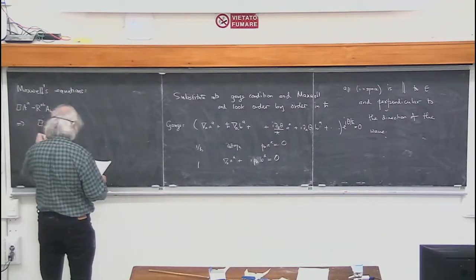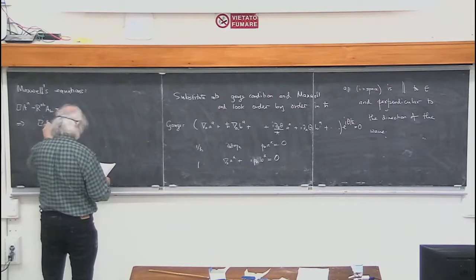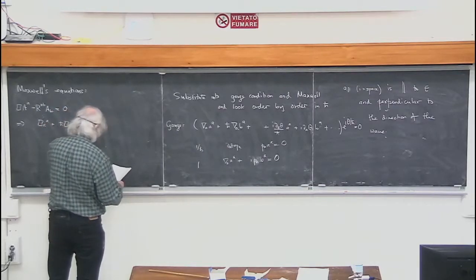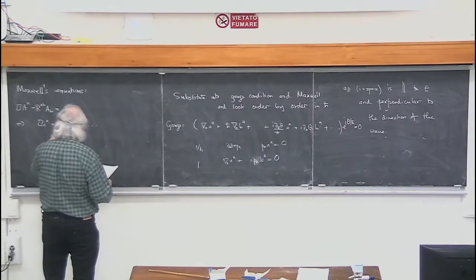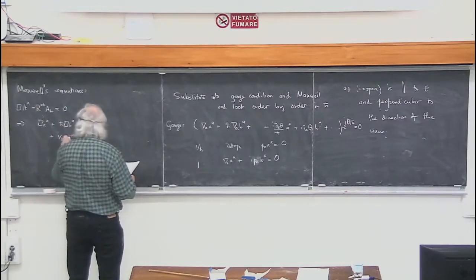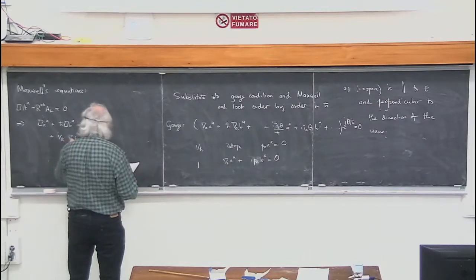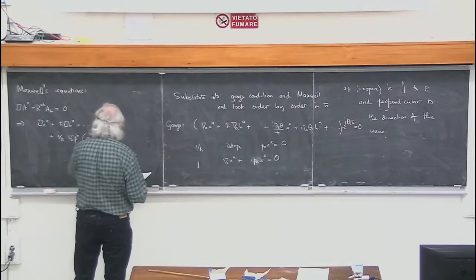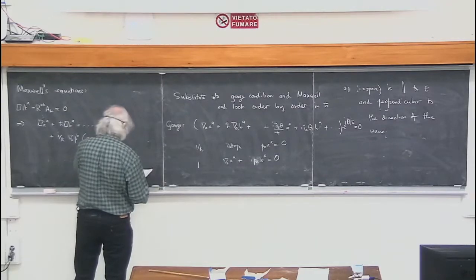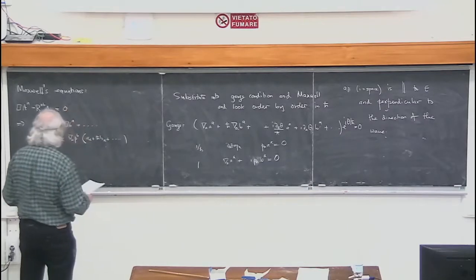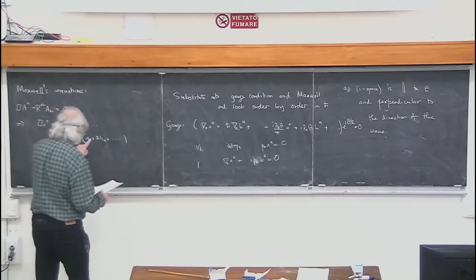Box acting on A^A plus ħ box acting on B^A, and then that will keep going. Then there'll be an i over ħ ∇_B P^B into A^A plus ħ B^A plus etc. I think that I want my index upstairs.